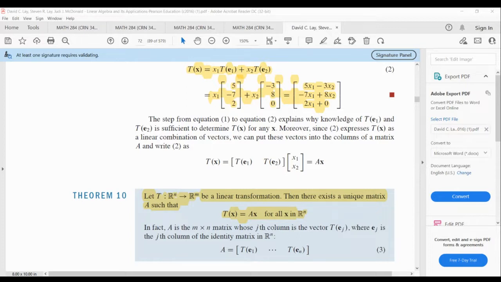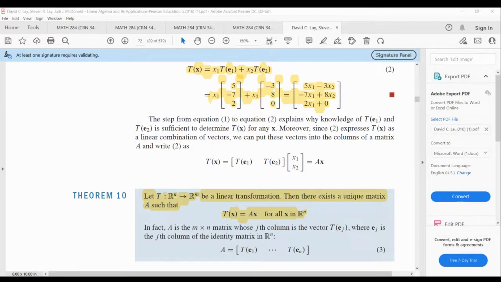Well, there has to be then a unique matrix A, such that the transformation of the vector x equals A times x. And A would have to be an m by n matrix.